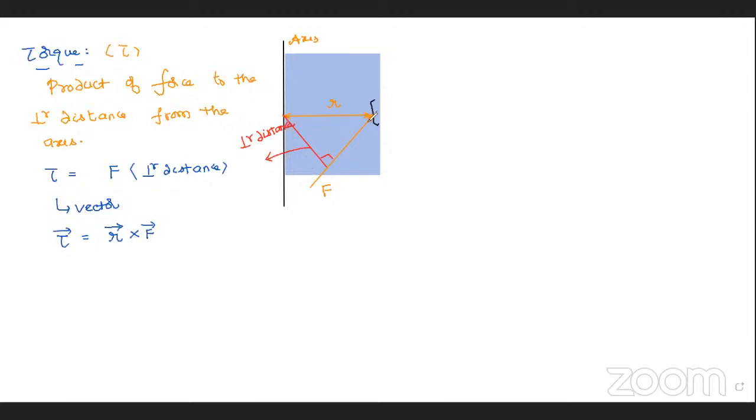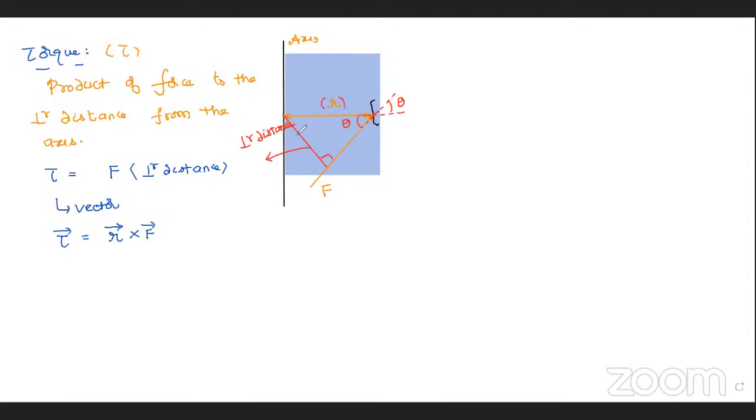In this case, if you see here, what will be the angle between these two? F inwards like this, or measured from there, both make an angle theta here. In mathematics, the opposite angle is also theta. Then look at this right angle triangle. In this right angle triangle, opposite to the right angle is the hypotenuse.